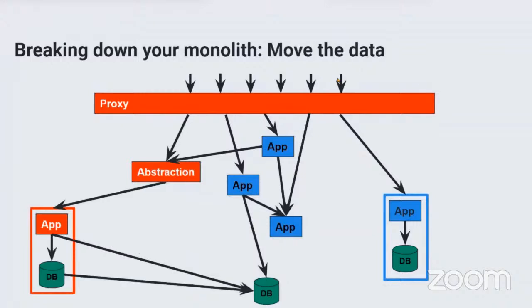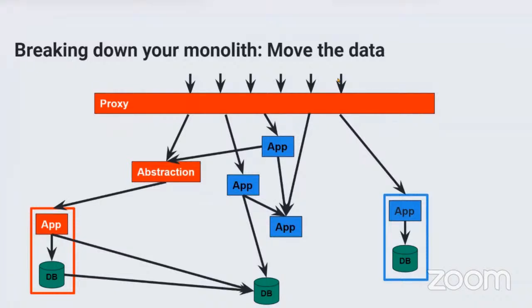Now, some of the data might be easy. Some of it might be harder. And here, by the way, I've used 3 different databases. These might be 3 databases. They might be 3 database servers. They might all be different schemas within a single database. Different database technologies work differently, so I'm not going to get too hung up on it.